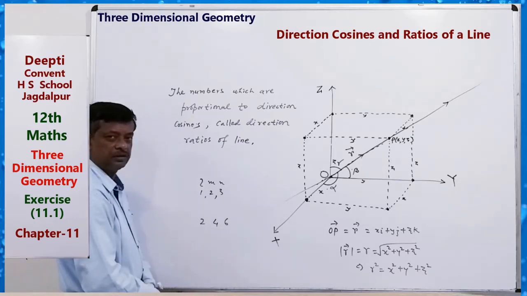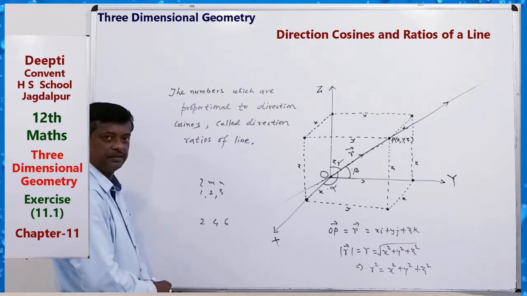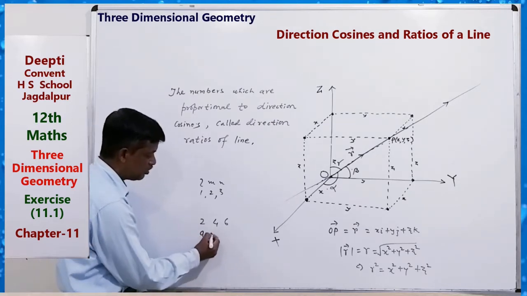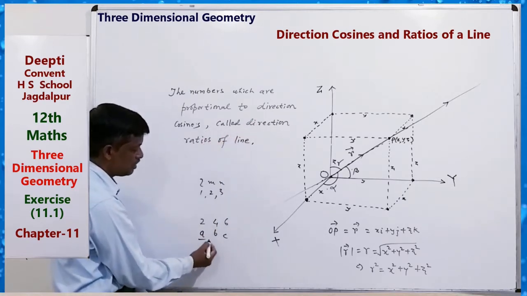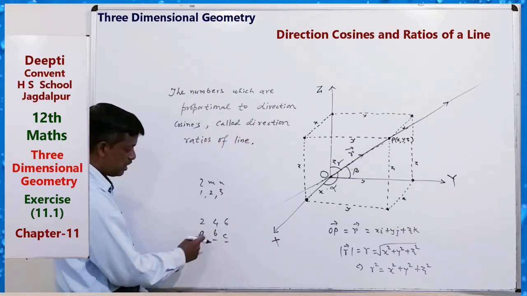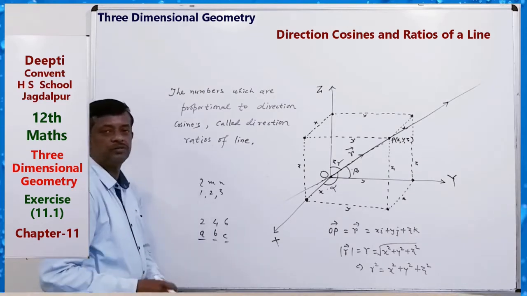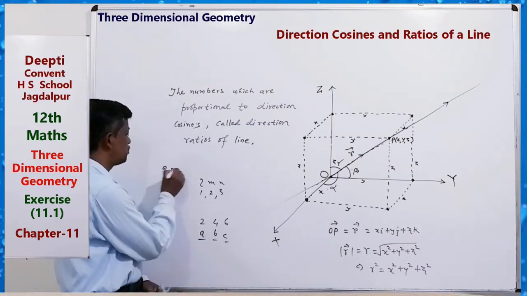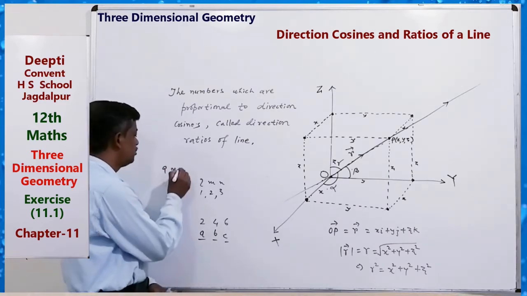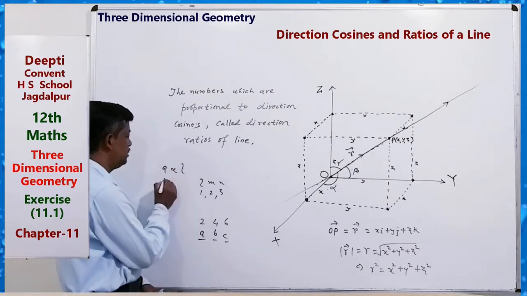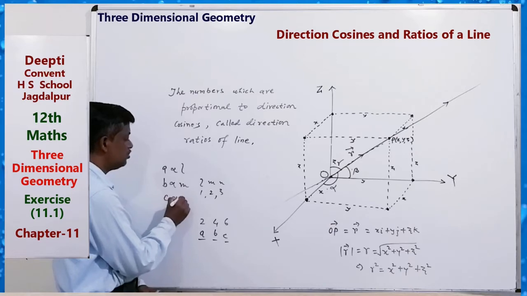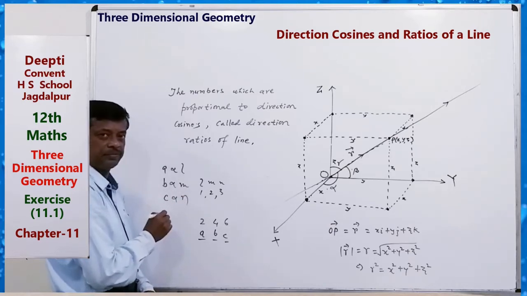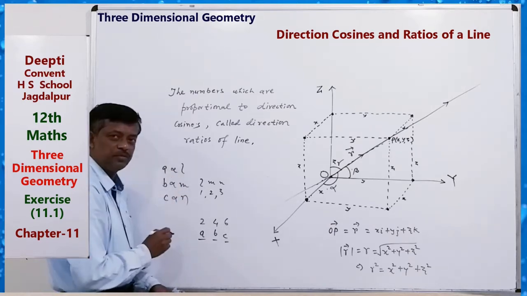Okay, here, direction ratios are generally denoted by A, B, C. So A, B, C are proportional to L, M, N: A is proportional to L, B is proportional to M, C is proportional to N. This proportional sign can be removed. How?